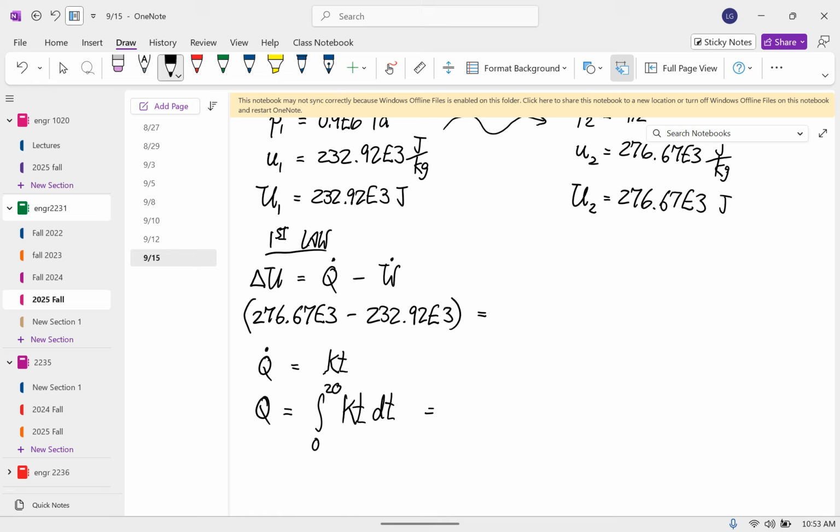Okay, so this is going to be k t squared over 2 evaluated from 0 to 20. And so that is 200k. That's a negative heat transfer, so negative 200k.